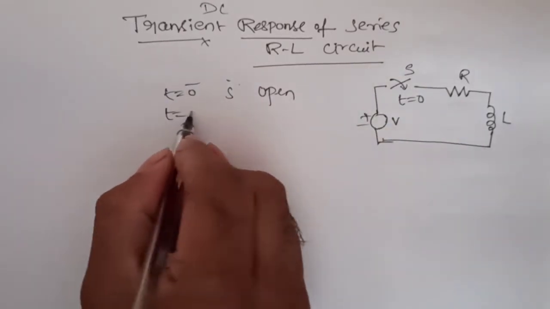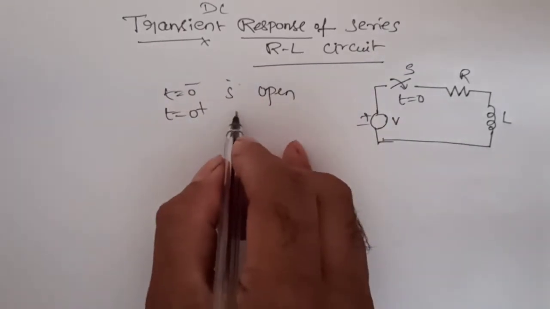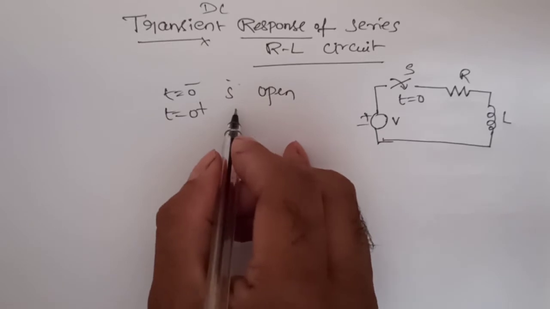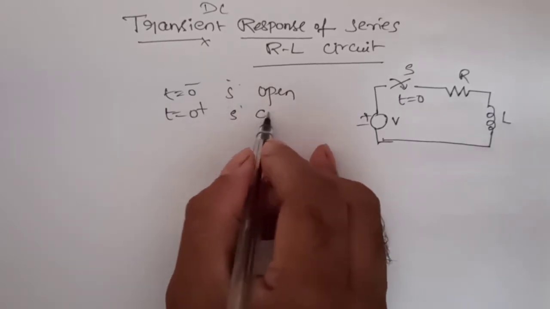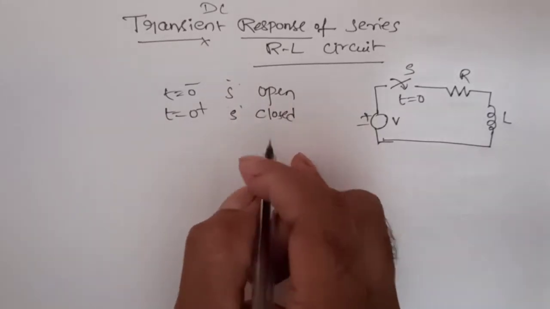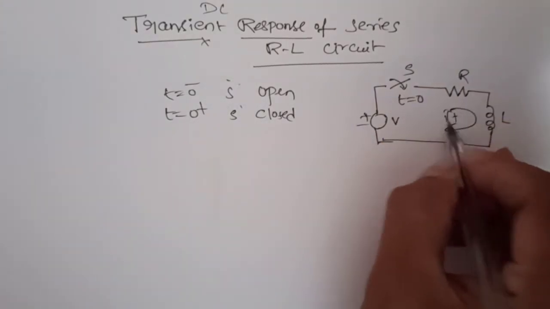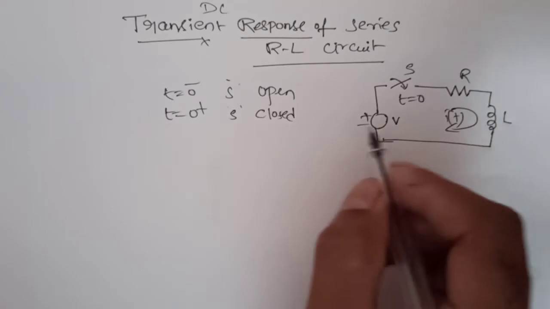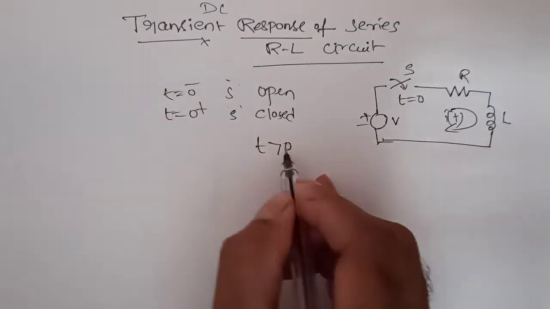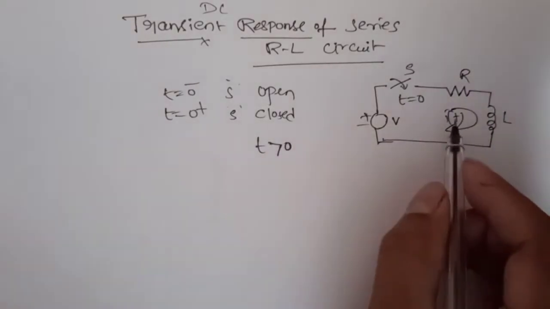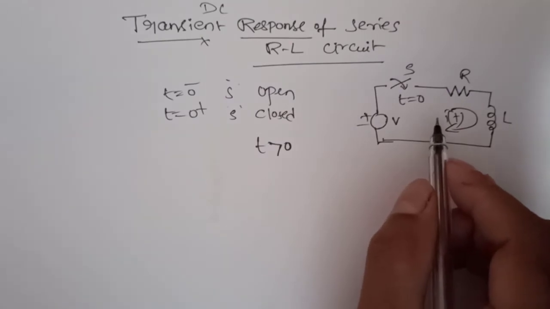Now we are changing the condition of the circuit at t equal to 0 by closing the switch, meaning at t equal to 0 plus, just immediately after closing the switch, and we can expect a certain current i of t during a certain interval t greater than 0. Now we have to study the behavior of the RL circuit after switch S is closed.